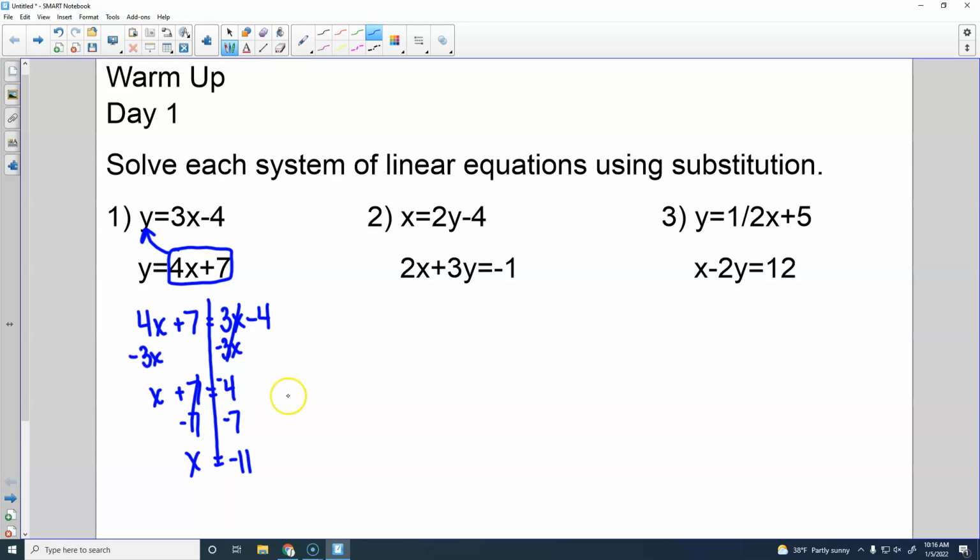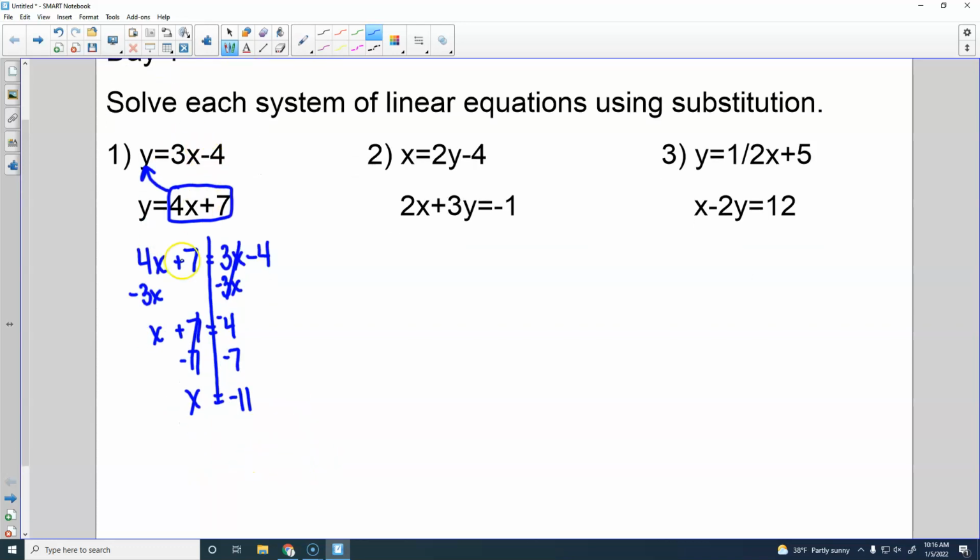Doesn't matter, you could do either one. So I'm just going to pick that top one. y equals 3 times -11 minus 4, which is -33 minus 4, which is going to give me -37.